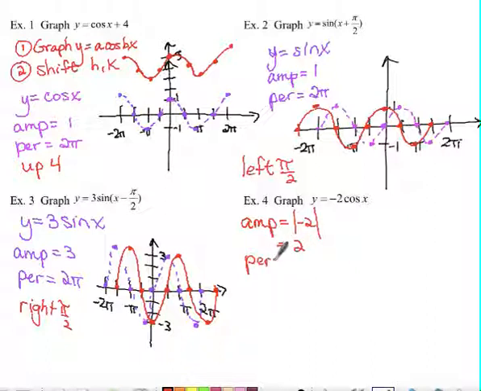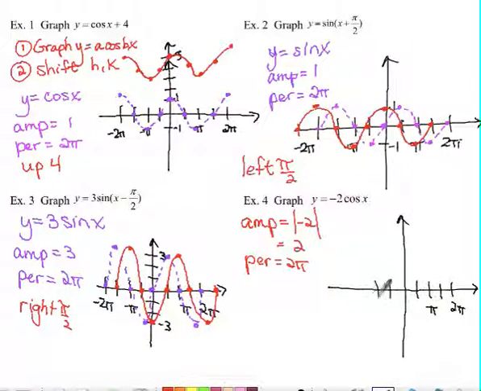The period length is still 2 pi. So this one's going to have only one graph. Do you notice I don't have an h or a k? So I only have one graph. The only time you're going to do dashed and solid is if you have h or k or both.